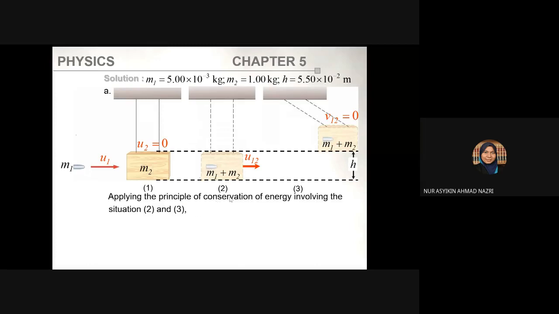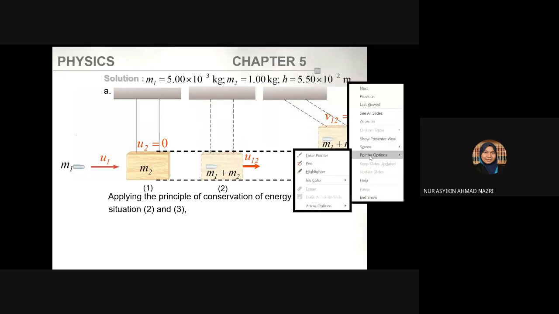As I said earlier, we will apply the principle of conservation of energy for cases 2 and 3, because case 1 is not an isolated system, it is not a closed system. The bullet is not yet inside here, so there will be energy loss. That's why we cannot equate it. So for the cases that we can equate, which are already closed systems, which are cases 2 and 3 here.